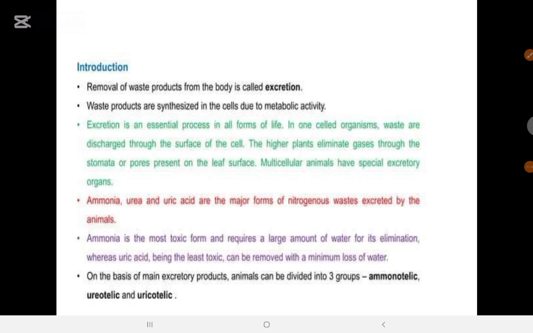Those are all different types of waste products that living organisms tend to produce after metabolism. Excretion is an essential process in all life forms.